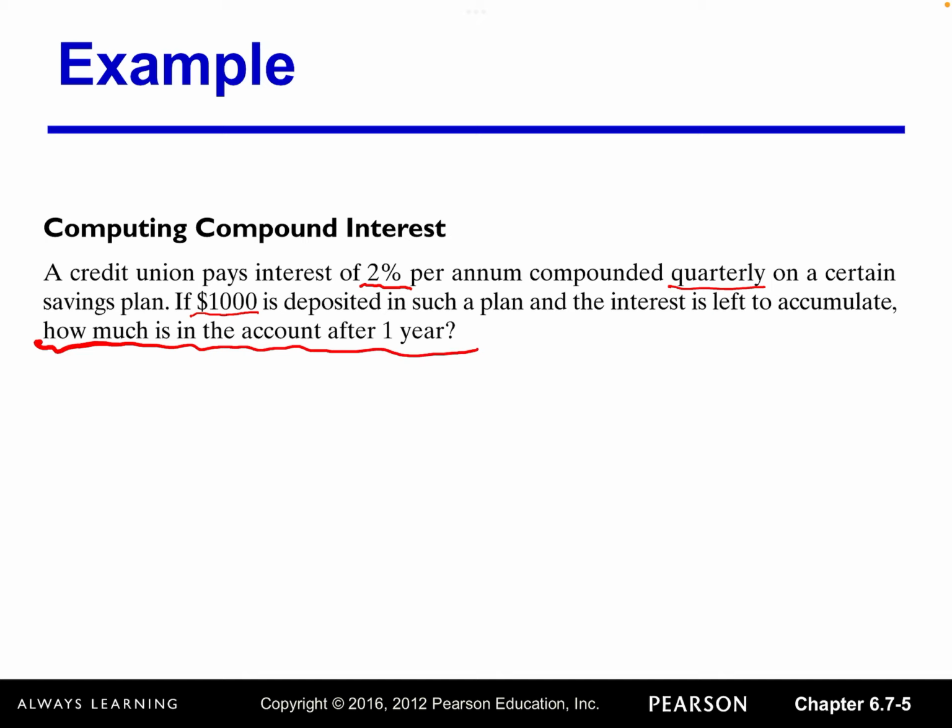So let's first identify some of the parameters. $1,000 is deposited into that plan, so principal equals 1,000. And this credit union account pays interest 2%, so the interest rate, converted to decimal, is 0.02.